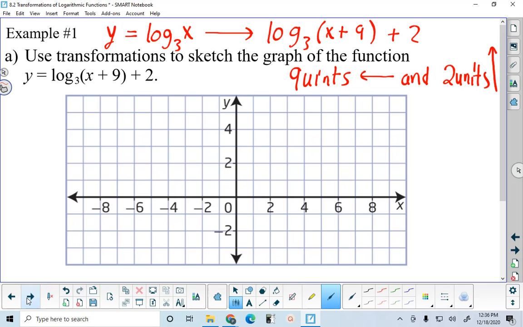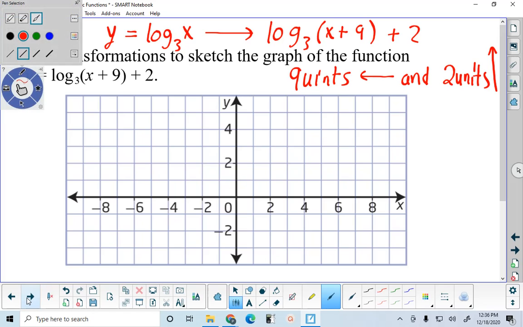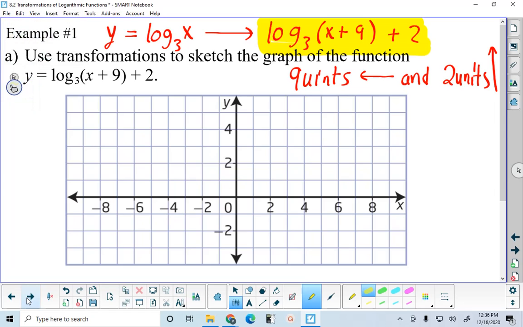You should be able to look at this function that I'm highlighting and see that you've got an h value of -9 and a k value of +2. So if we can just figure out what log base 3 of x looks like, we can shift it.